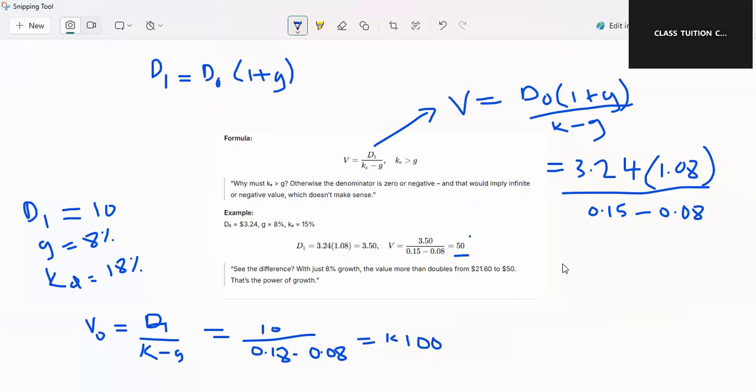Let me try again. Suppose we gave you our D0 as 10 kwacha. Our growth rate is 5%, and our market rate is 12%. Which formula do we use now to find the value of stock now?